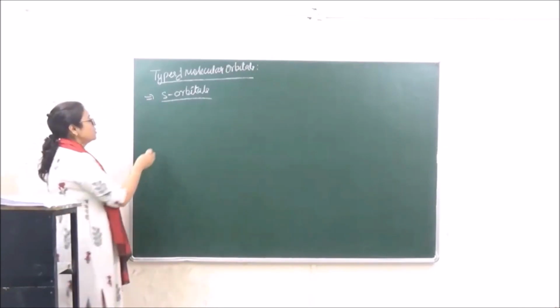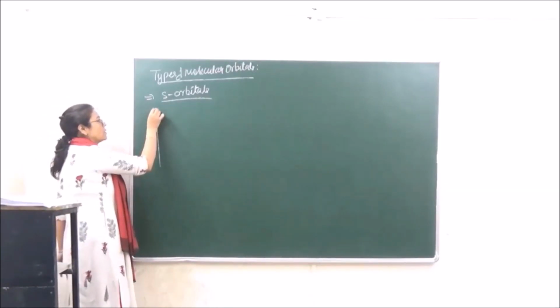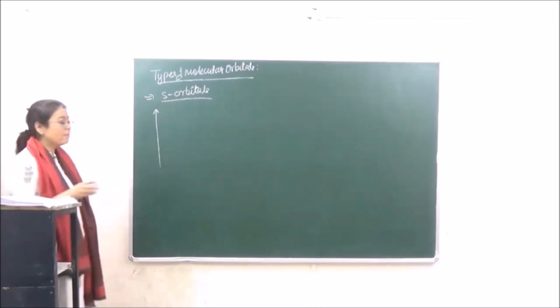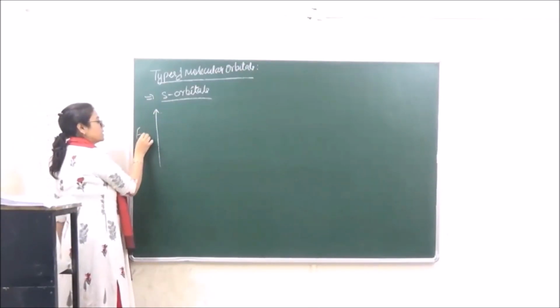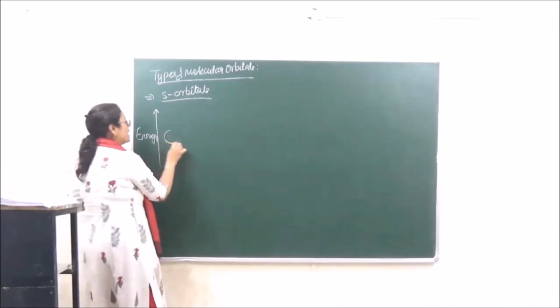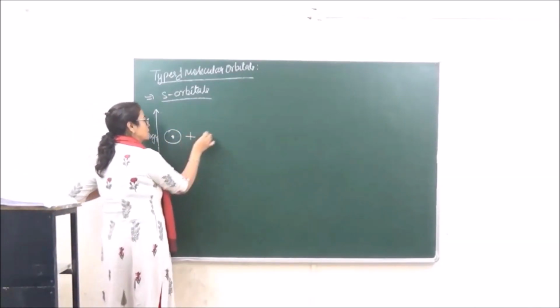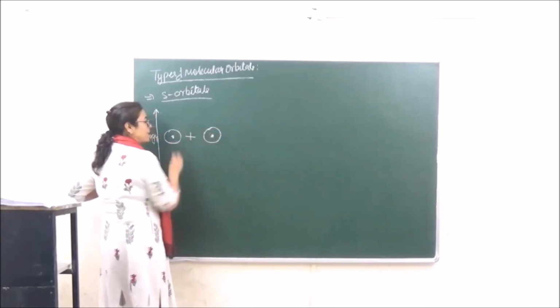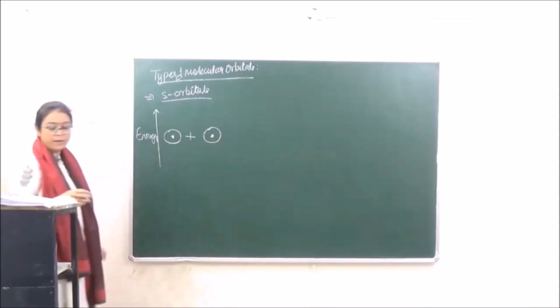Okay? So as a result of which, we can say that if we have the energy increasing in this manner, we have 1s and plus we have another s orbital over here.